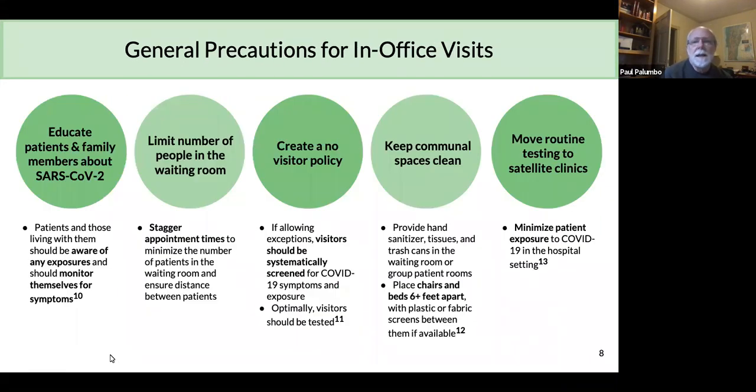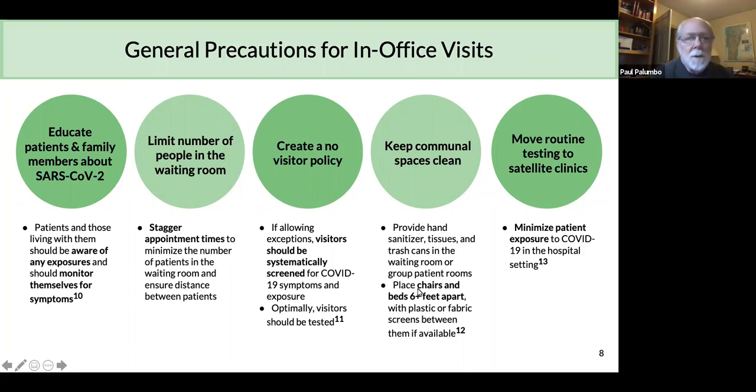So, in-office visits, what general precautions might we consider? And again, this needs to be adjusted based on local needs and local capabilities. Education of patients and family about this infection is important. Family members should be aware of any exposures, and they can self-monitor for symptoms.